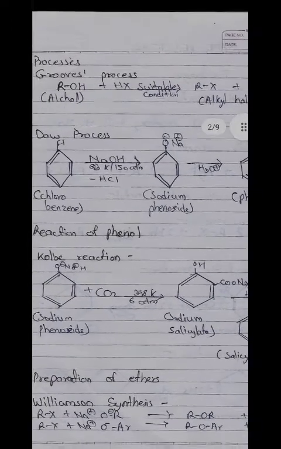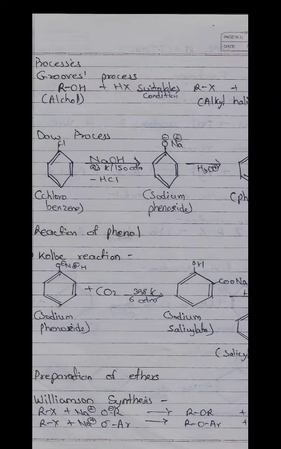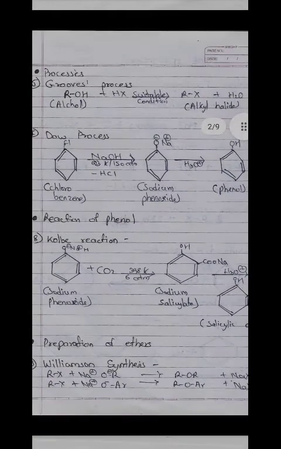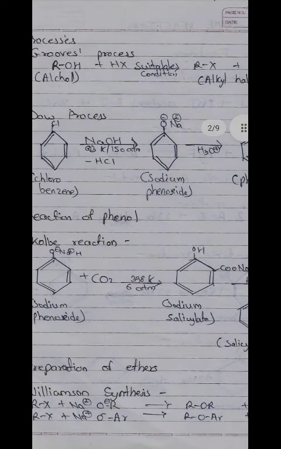So from chlorobenzene it forms sodium phenoxide, and as you can see, sodium phenoxide contains an O negative charge and Na plus charge on it. In this first part of the Dow's process, HCl is formed as a side product.